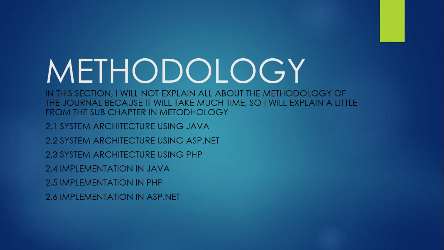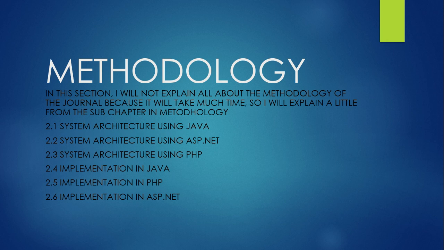So the methodology. Actually it was a long text, but in this section I will not explain all about the methodology of the journal because it will take too much time. So I will explain a little from the subchapters in the methodology. The first subchapter, 2.1, is about system architecture using Java.